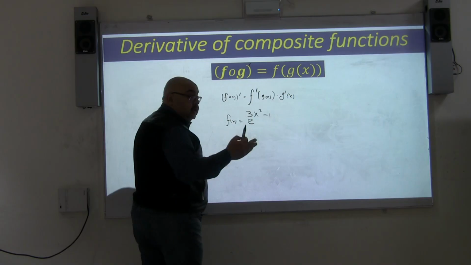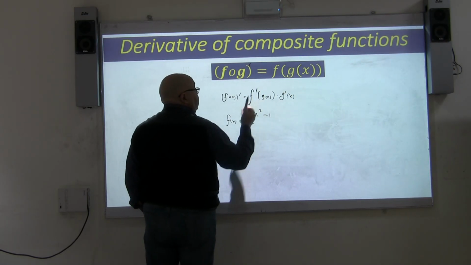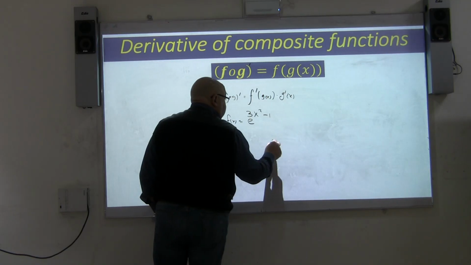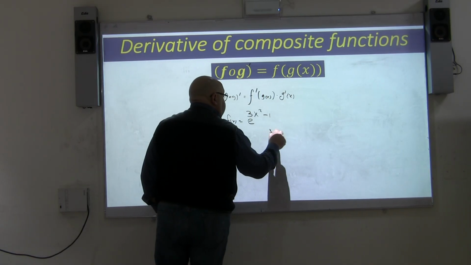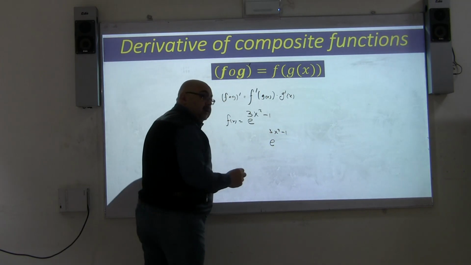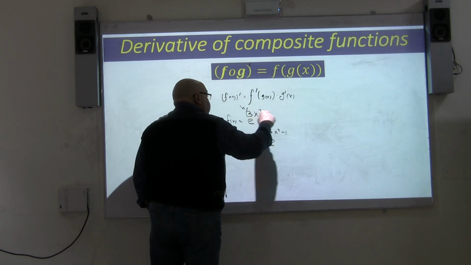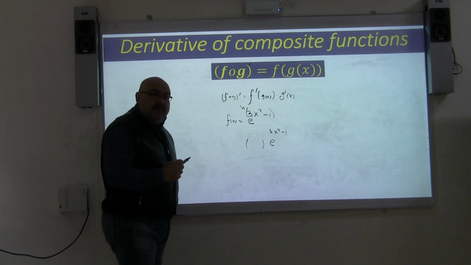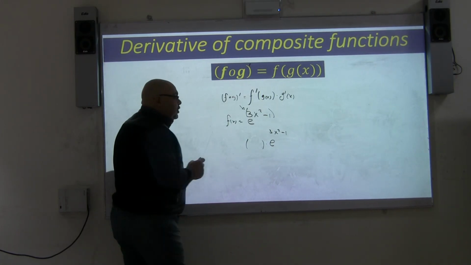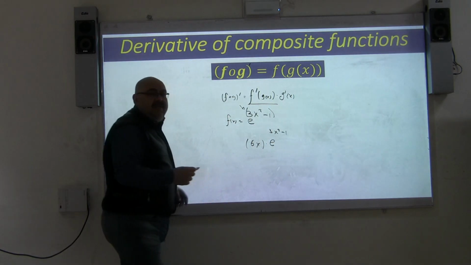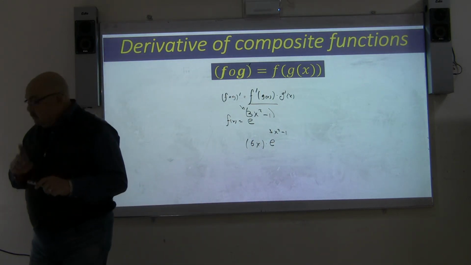The outer function is an exponential function. The derivative of the exponential function is going to be e to the power of 3x squared minus 1 times the derivative of the inner function, which is 3x squared minus 1. Are you with me, Omar? Which is going to be 6x. So actually, you are doing the same exact steps.